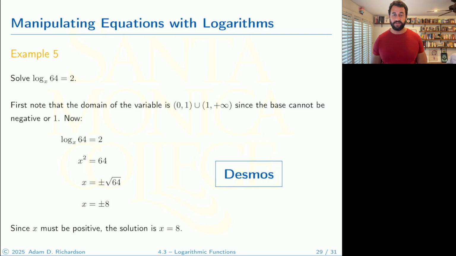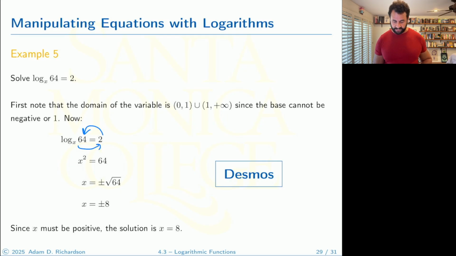Now we can solve. How are we going to solve? We're just going to use that inversion relationship again. Let me just trace it out. x to the 2 is equal to 64. Boom, right there. Now we solve for x. Remember, anytime you take a square root, you have to include a plus minus. Then depending on the context, like in this question, you can remove one of those cases.